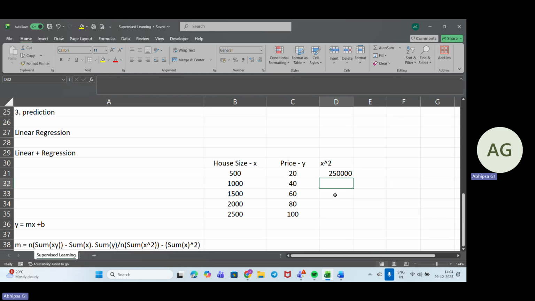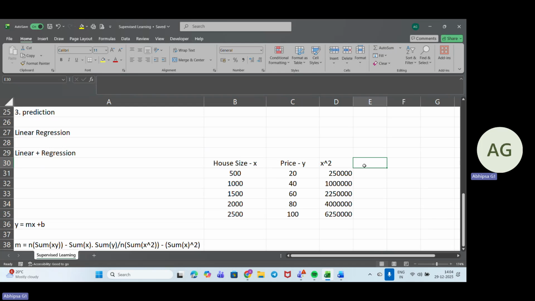Next, 6 zeros would be there. For 15, it is 225 and 4 zeros. For this, we are getting 4 with 6 zeros. And for this, 625 with 4 zeros. So this is the value of x square.